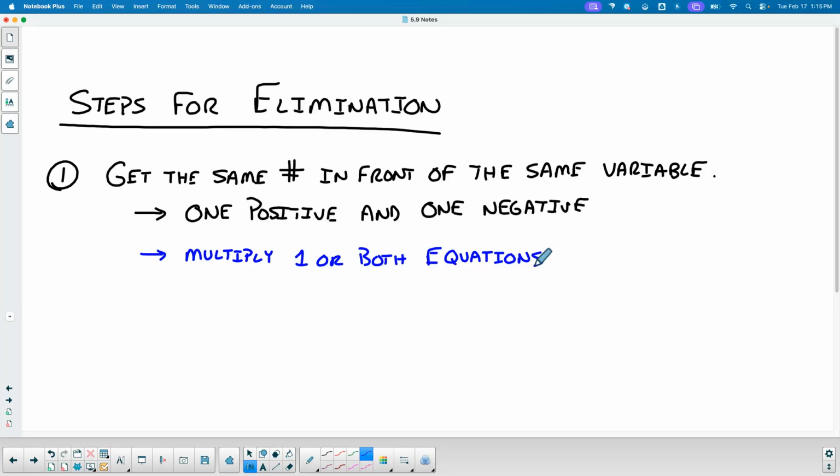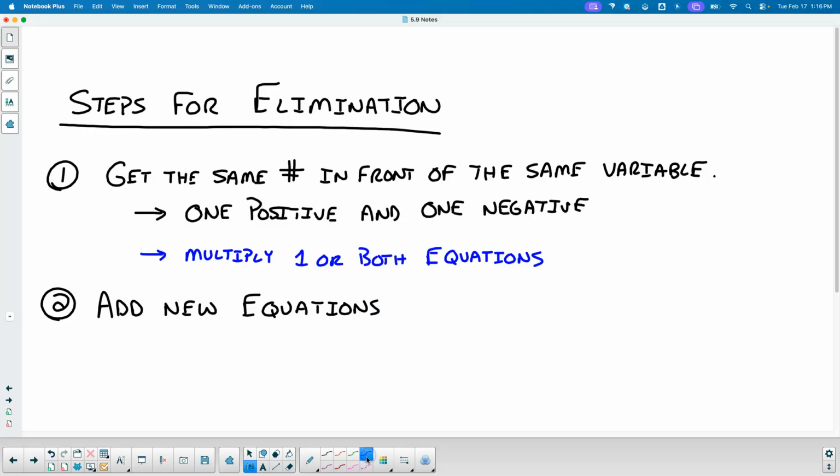All 3 of those parts get multiplied by that same number to make that happen. Then step number 2, we add the new equations. We straight up add them: x plus x, y plus y, number plus number.